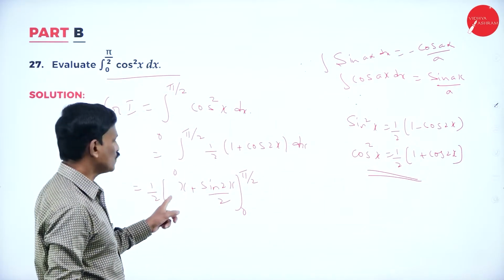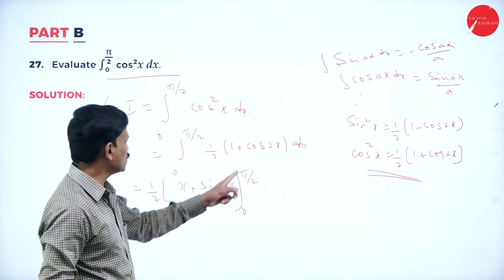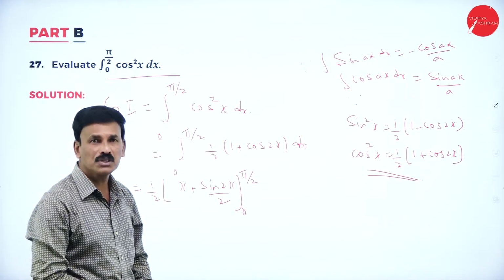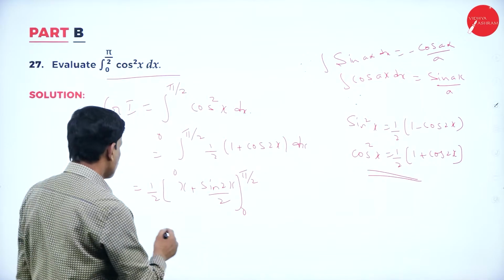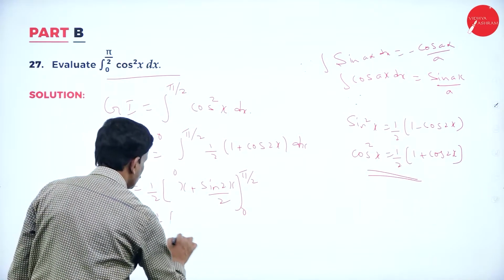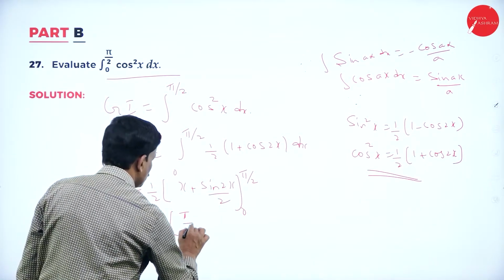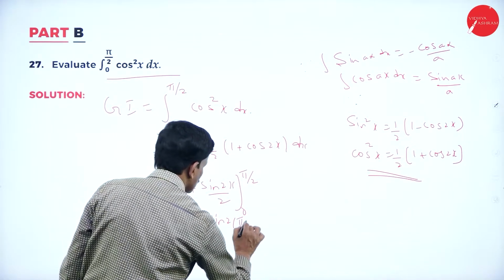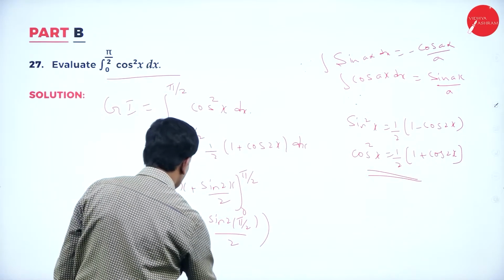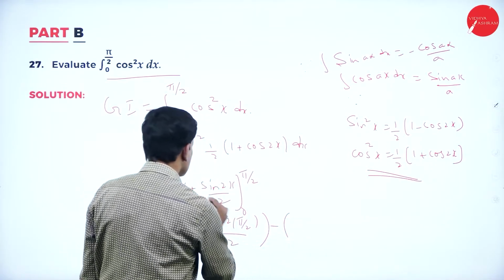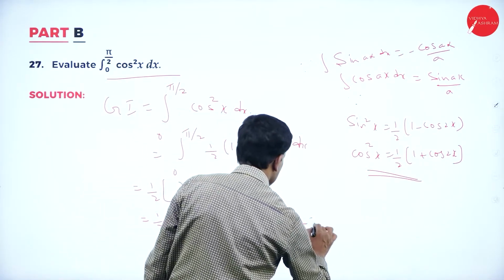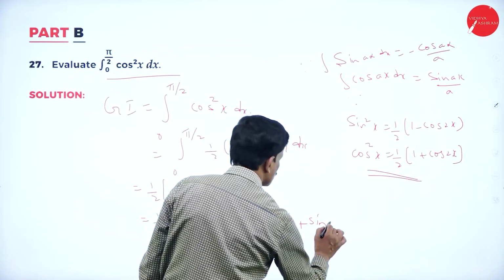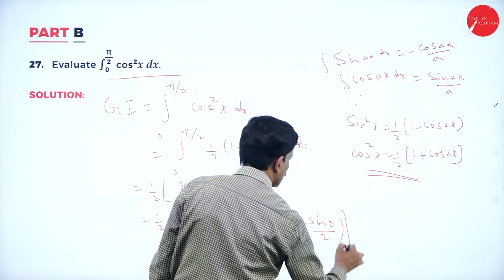So integration of 1 dx is x plus integration of cos 2x is sin 2x by 2. Now let us apply the upper limit and lower limit. 1 by 2 into upper limit pi by 2 plus sin of 2 times pi by 2, by 2, minus lower limit 0 plus sin of 2 into 0, divided by 2. Now simplify this.